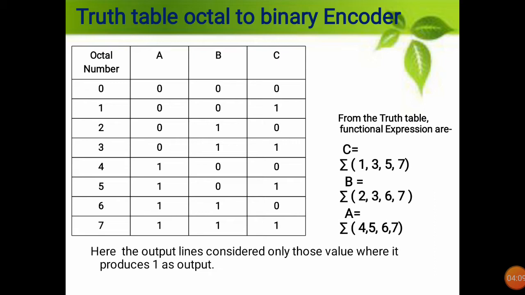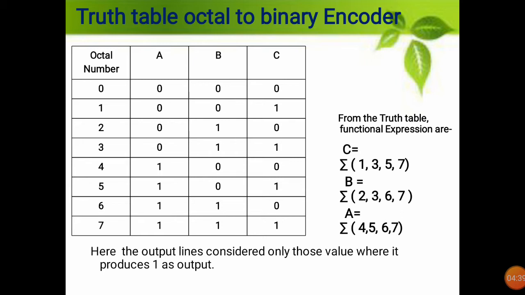For 3 the binary equivalent is 11, so it is 011. For 4 the binary equivalent is 100. For 5 it is 101. For 6 it is 110, and for 7 it is 111. So we have taken 3 bit outputs, because for the octal number we need 3 output bits.